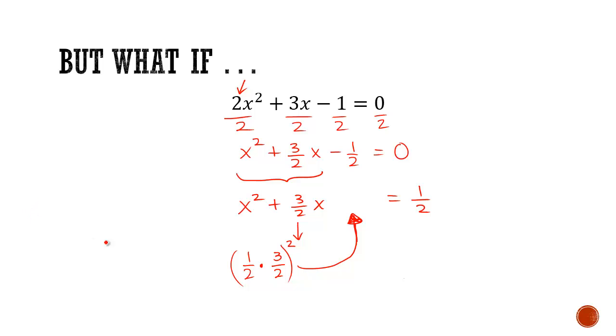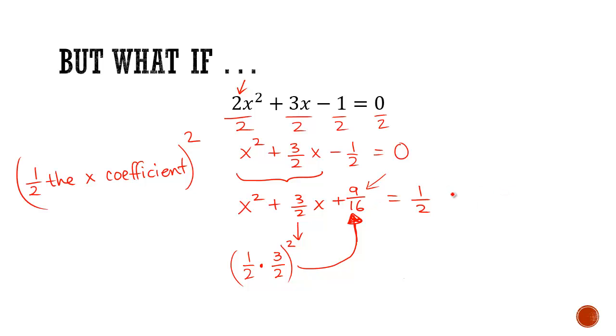So remember, this extra term that we want to put in is going to be half the x coefficient and then squared. That's what's always going here on both sides to fill in our formula. So when you do that, you get 3/4 squared, and when you take 3/4 squared, you get 9/16.